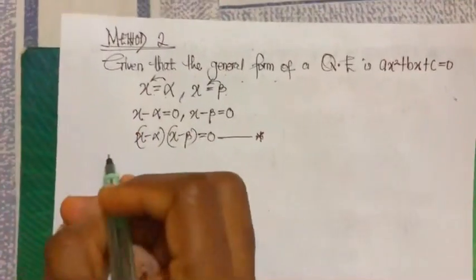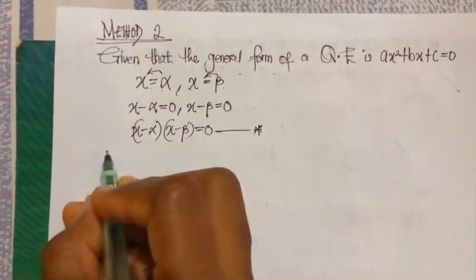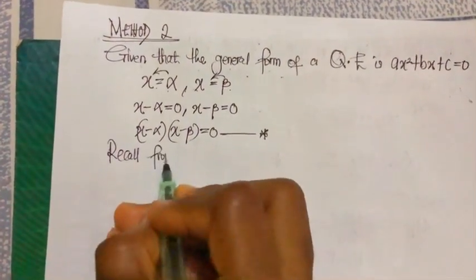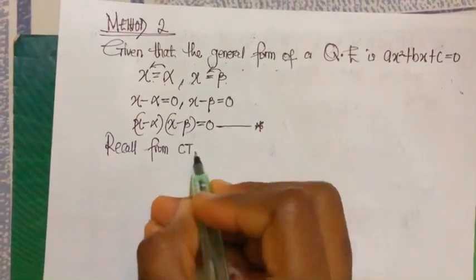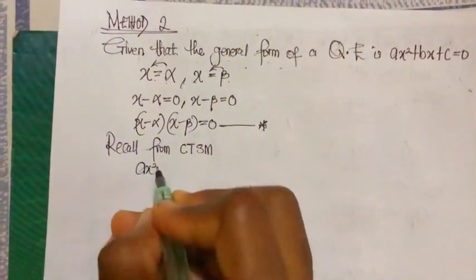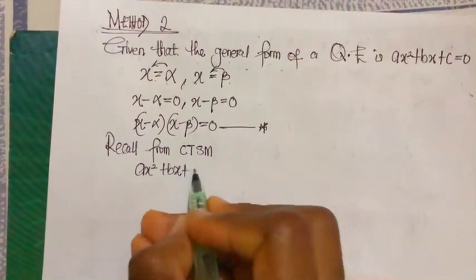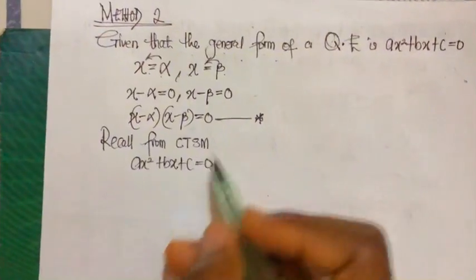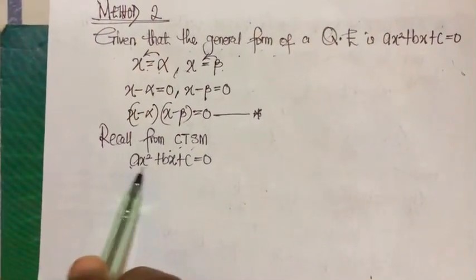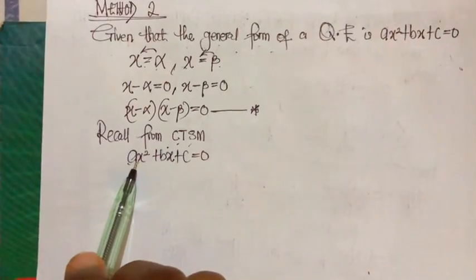Then we can recall from the completing the square method, ax squared plus bx plus c equals 0. The first step we take while using completing the square is to divide all through by the coefficient of x squared, which is a.